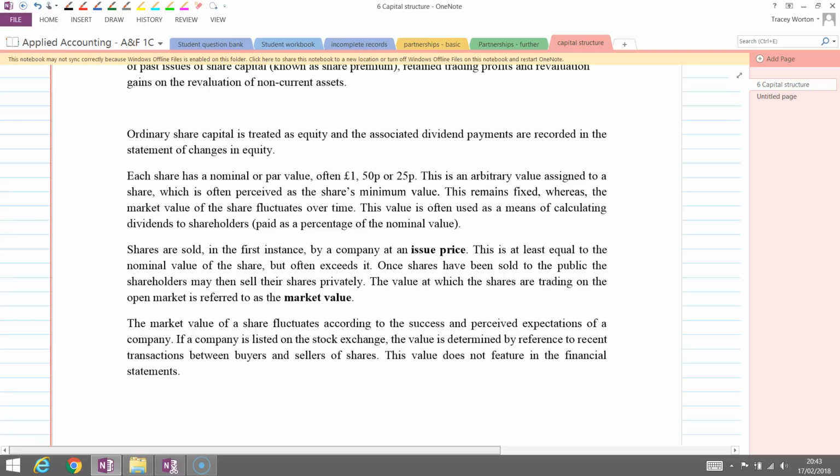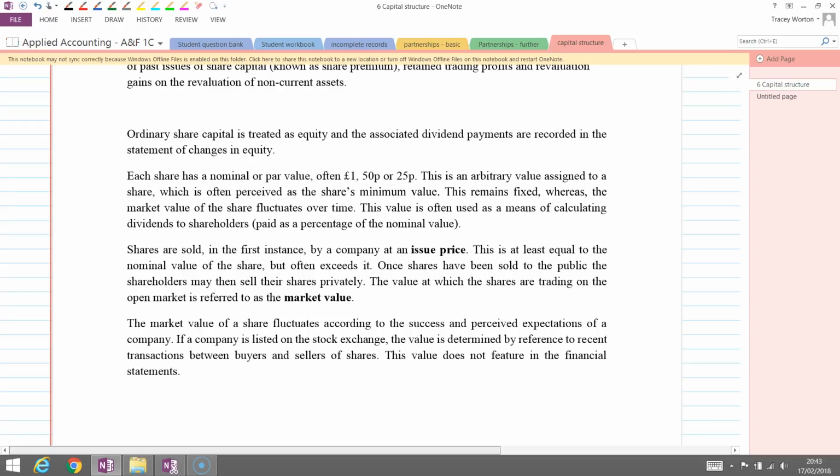This nominal value remains fixed, whereas the market value will actually fluctuate over time, and this nominal value is often used as a means for calculating the dividends paid to shareholders, usually as a fixed percentage on the face value.